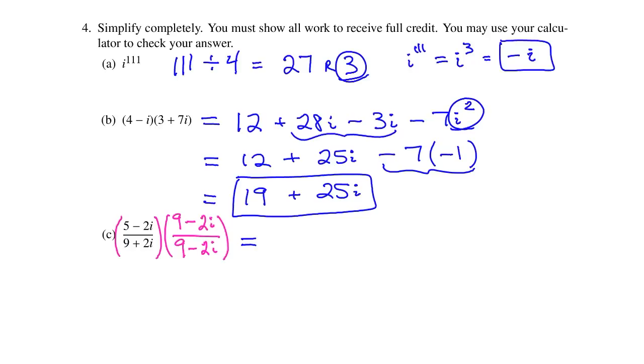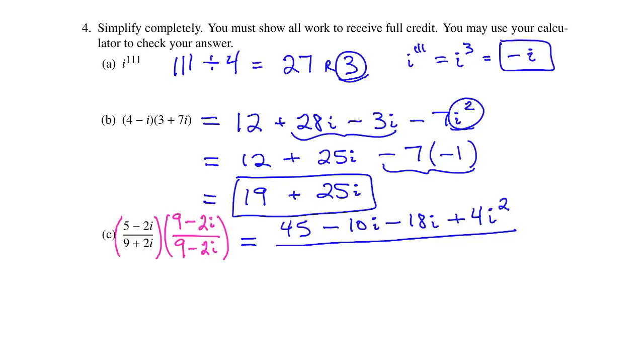And so we multiply out the top, so 5 times 9 is 45, 5 times negative 2i is negative 10i, negative 2i times 9 is negative 18i, and negative 2i times negative 2i is plus 4i squared, over 9 times 9 is 81, 9 times negative 2i is negative 18i, 2i times 9 is positive 18i, 2i times negative 2i is negative 4i squared.